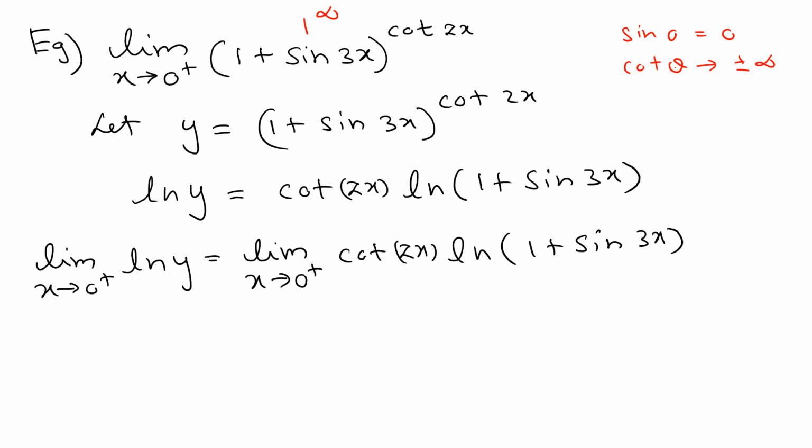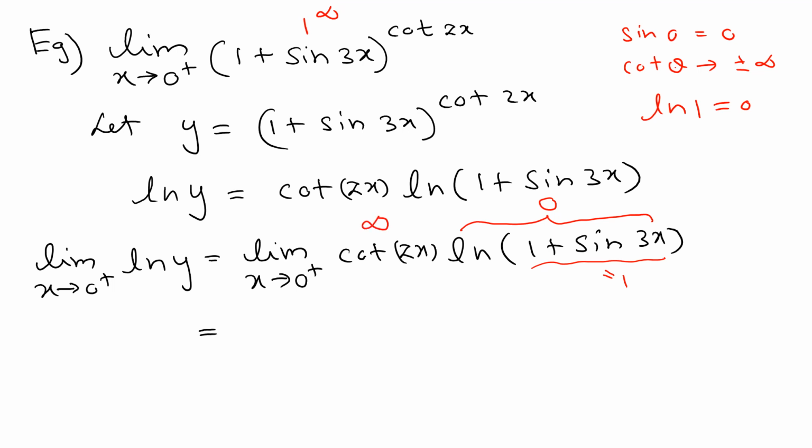So interesting thing is, remember last time we know that this one goes to 1, because we know that ln 1 equals 0. So that's one of the reasons why this happened. Because this goes to 1, you can see this product actually goes to 0. And then cotangent still goes to infinity. So this is an infinity times 0 problem.